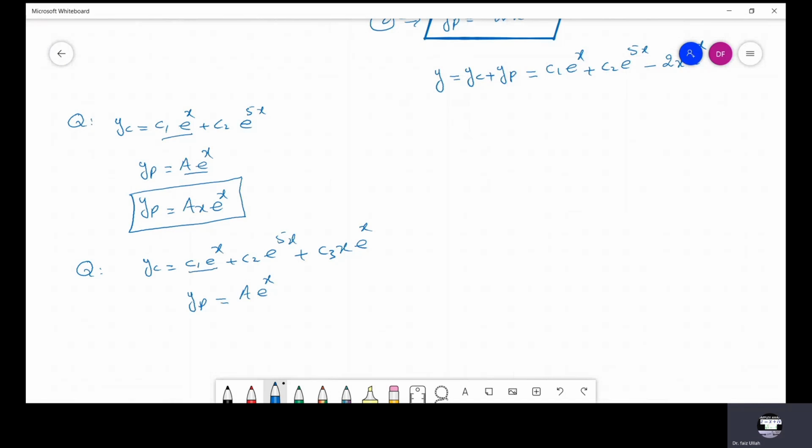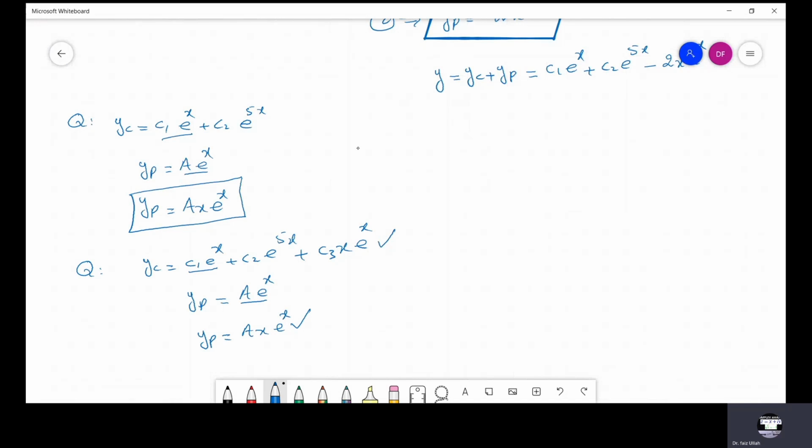But as this term is common with this one, we must multiply this with x and we get yp is equal to ax e power x. But again, we can see that this term is now common with this one.